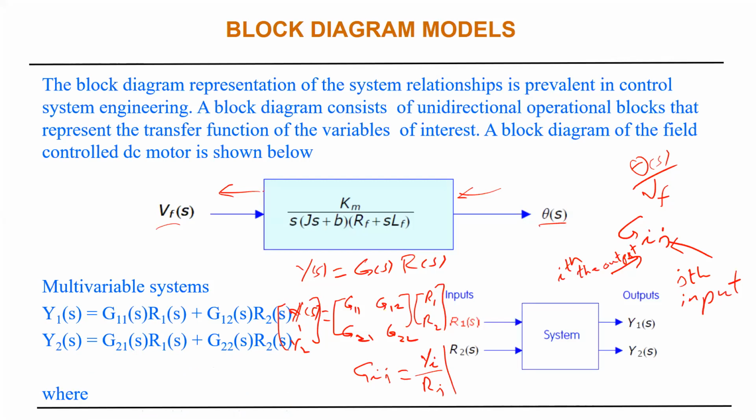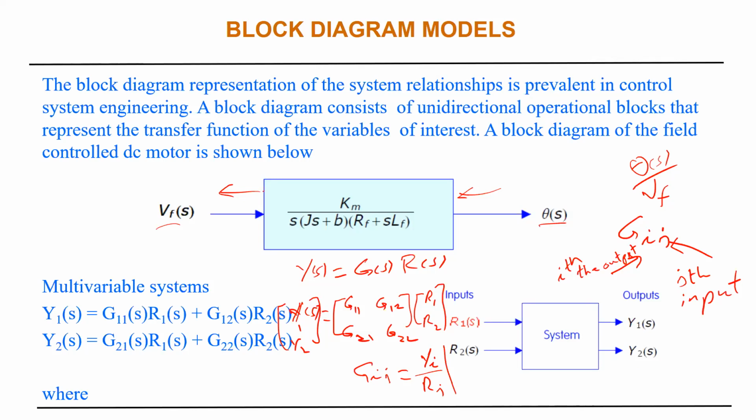So basically, I'm using superposition to find the individual elements of the matrix. I will find Y1 in terms of R1, setting R2 equal to 0, and I can find Y2 over R1 also by setting R2 equal to 0.